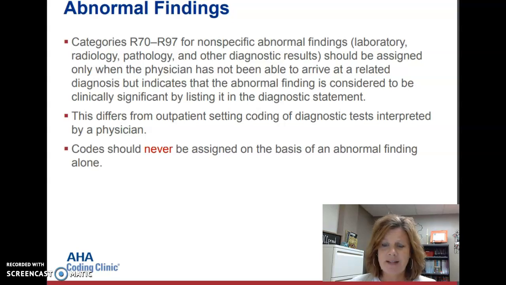That's not necessarily right, you don't know what happened. Maybe it's a female and they're menstruating, which could possibly drop their hemoglobin. So again, we don't know why, the doctor needs to state. Never go off a diagnostic test or lab test.